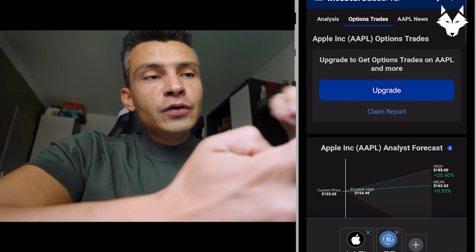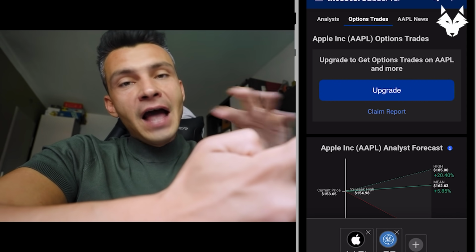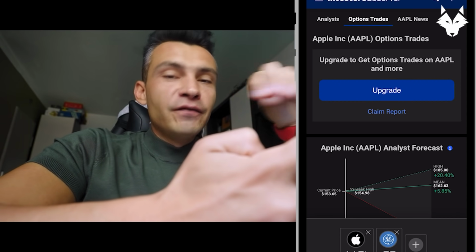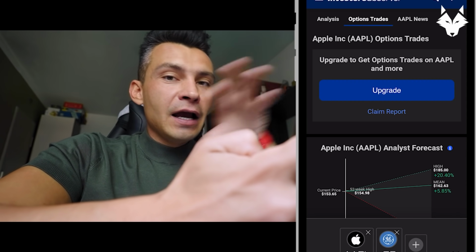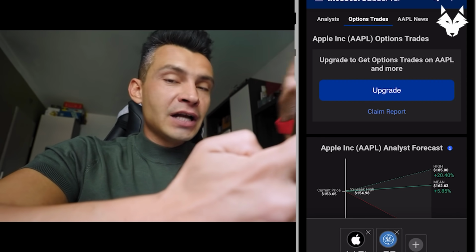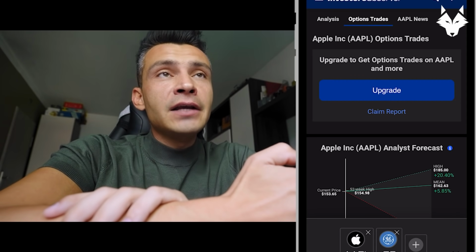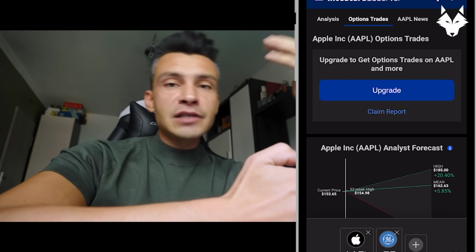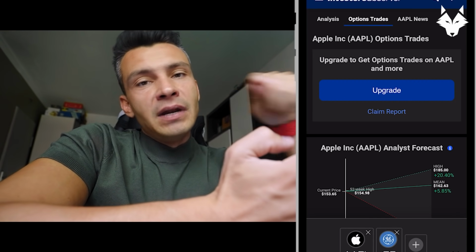And if you go into the options trades, with the help of the Investors Observer algorithm, you can see when to buy an option and when to sell an option, and how much money you make. This is very important, because many of you say, I invest in a stock, yes, but I would love to leverage that and I have no idea. This is the place to start.